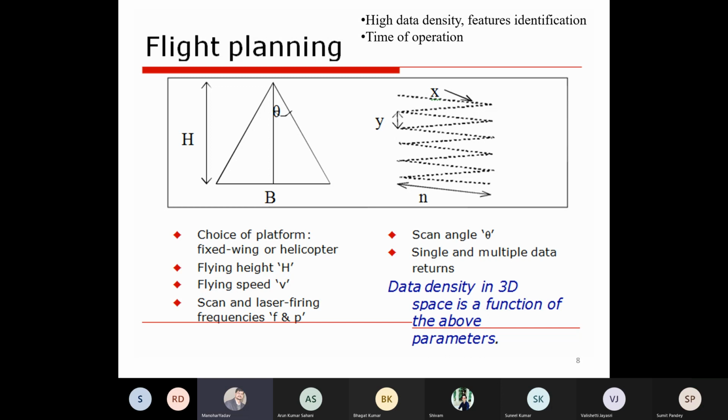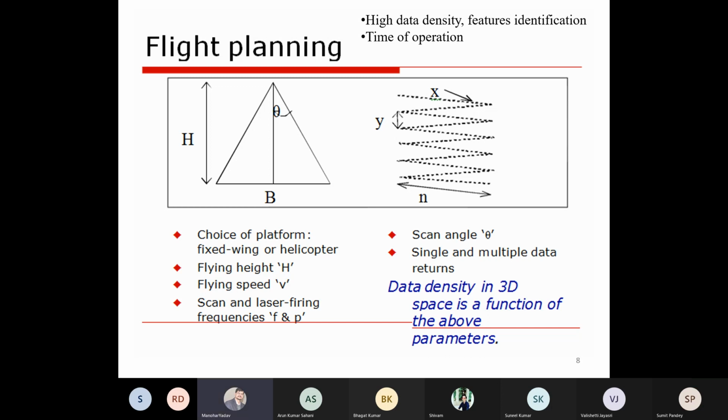But what benefit we have in case of bidirectional scanning pattern? We have an additional line in the middle, and due to that we have a more uniform distribution of points. Along the flight direction, though we calculate density at either left end or right end, if you see in the middle, there is one more line crossing, connecting the left end to the right end.